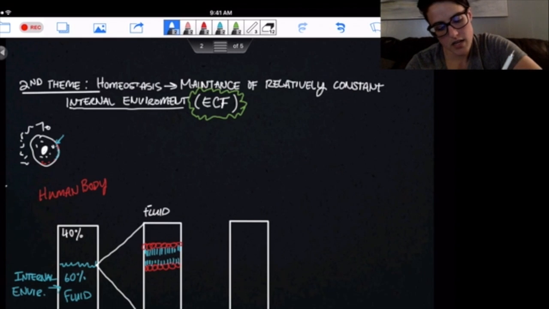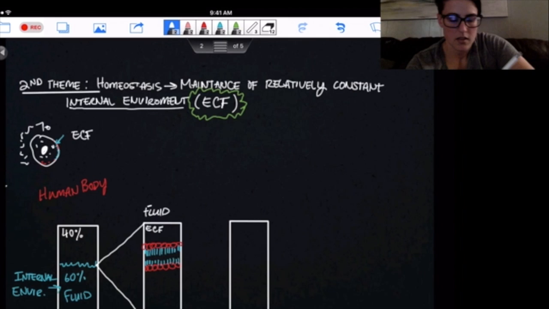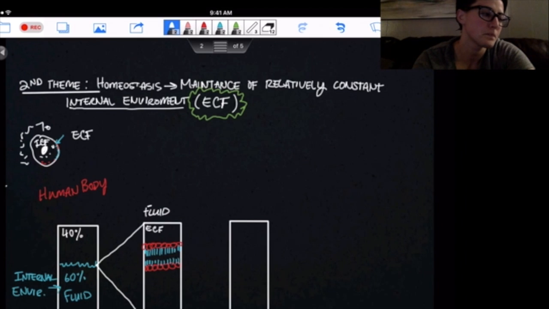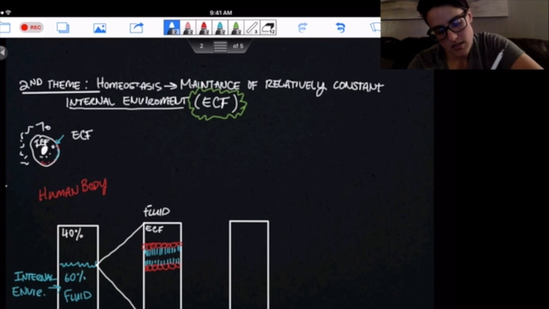So outside here is going to be the extracellular fluid. What's outside the cell? This will be inside the fluid, and it's going to be the intracellular fluid. What's inside the cell? The intracellular fluid is about 66%, so inside is about 34%.